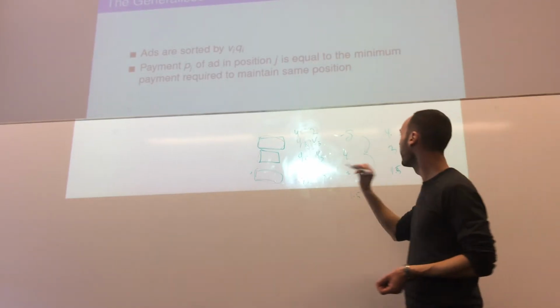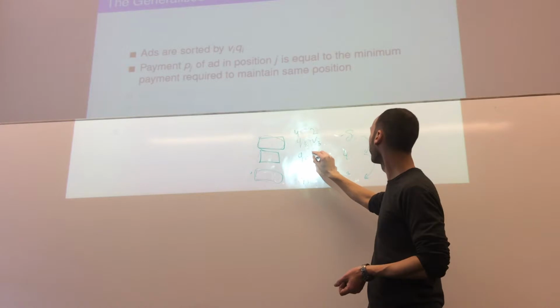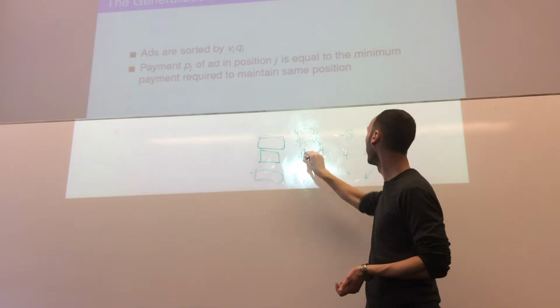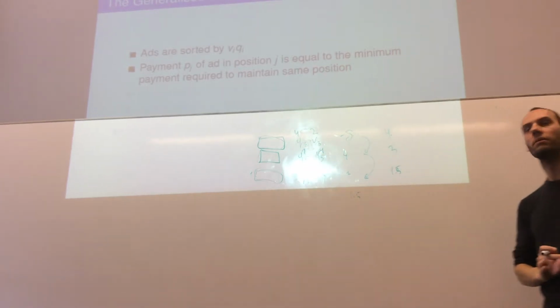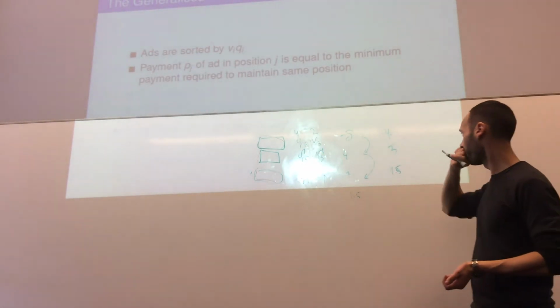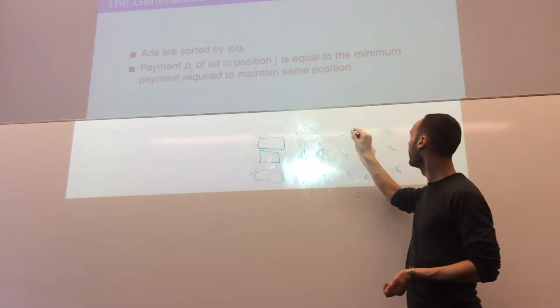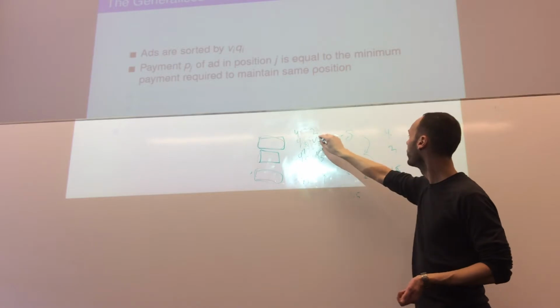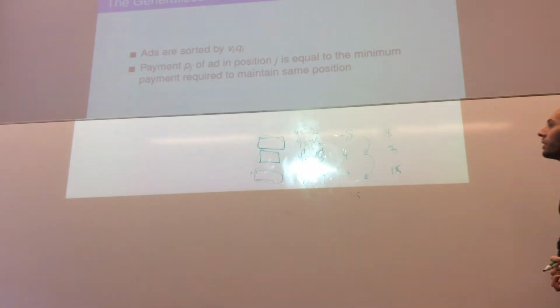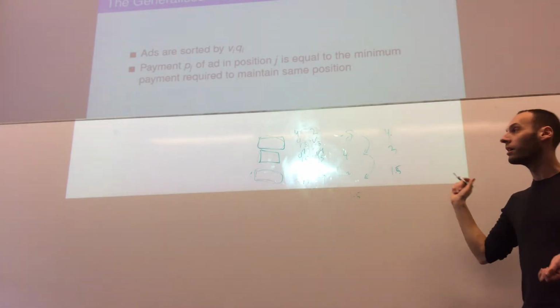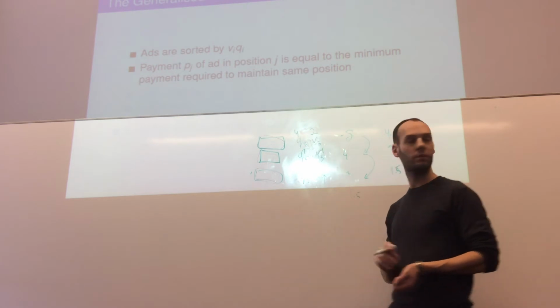Whereas here, maybe the value was 4 and the quality 1, right? So now at this point, I'm forcing these agents to pay 4, yes, given the click, but his value was only 2.